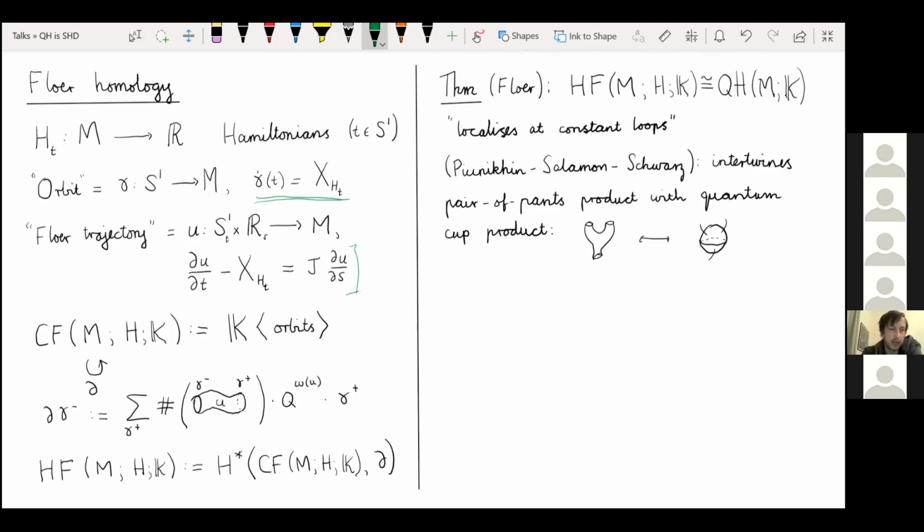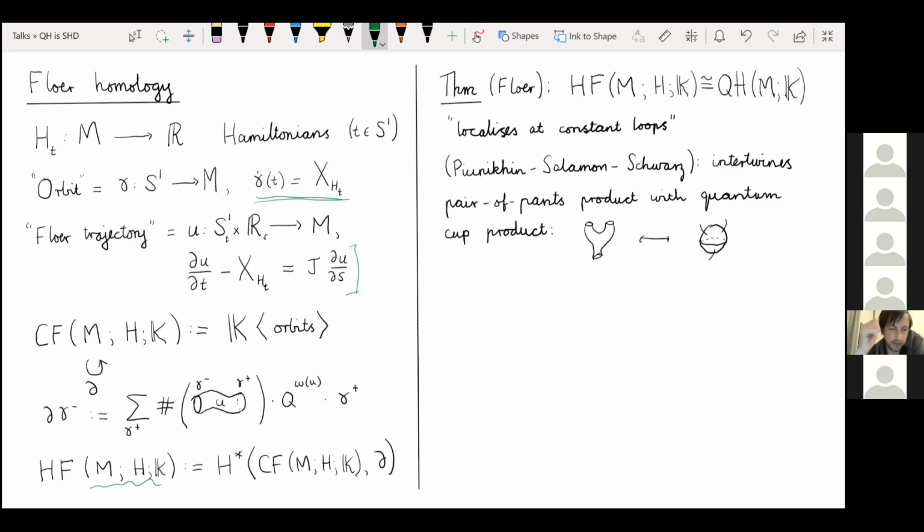So we end up with this cochain complex, which is the free K-module generated by the orbits. There's a grading which I'm not explaining. And the matrix coefficients of the differential count these Floer trajectories. This defines a differential, and its cohomology is the Floer cohomology of M, which we write this way.